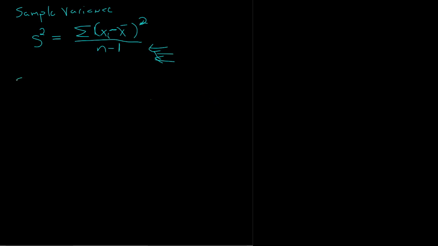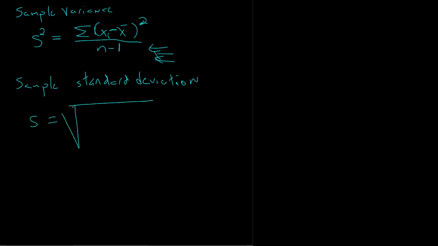And so the sample standard deviation is a lowercase s, and it's the square root of the sum of the sample variance, or deviation squared, divided by n minus 1, because I can always go out and do one more thing.